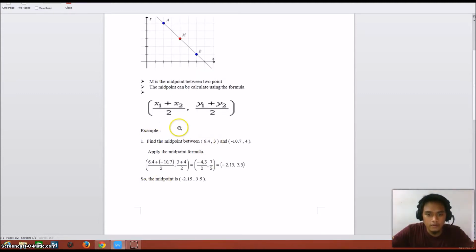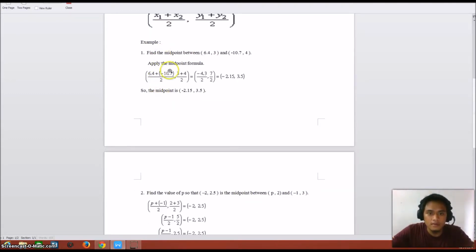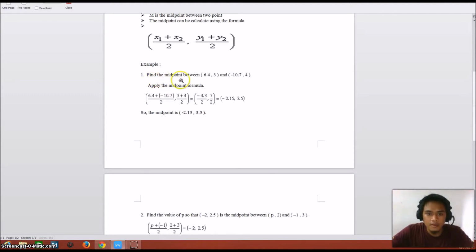Okay, I have two examples for you here. First is to find the midpoint between (6.4, 3) and (-10.7, 4). We apply the midpoint formula that is given above. 6.4 as x1 plus -10.7 as x2 divided by 2 for the x value, and for the y value 3 plus 4 divided by 2.